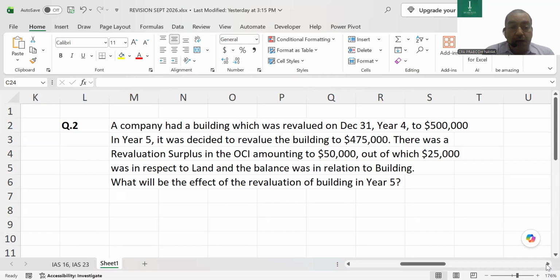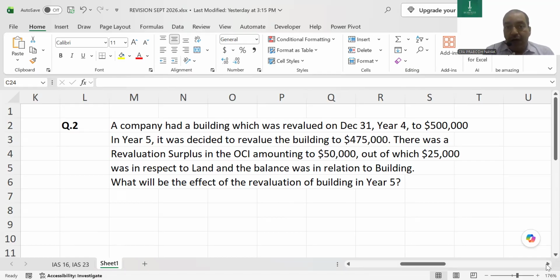Company had a building which was already revalued and it was having a value. The revalued figure was $500,000. Now, we don't know from what value to what value it has increased. But if you see the question, they have also mentioned that there is a revaluation surplus in the OCI of $50,000.